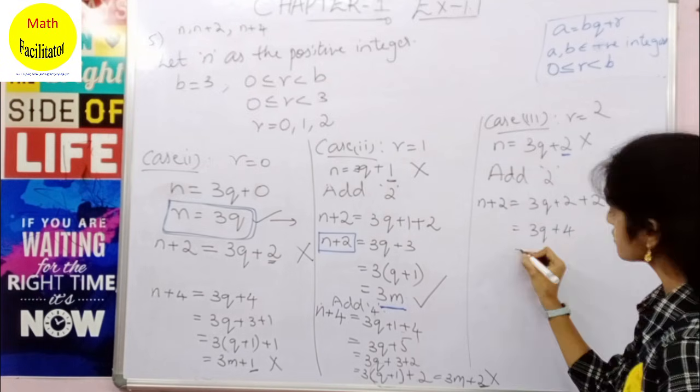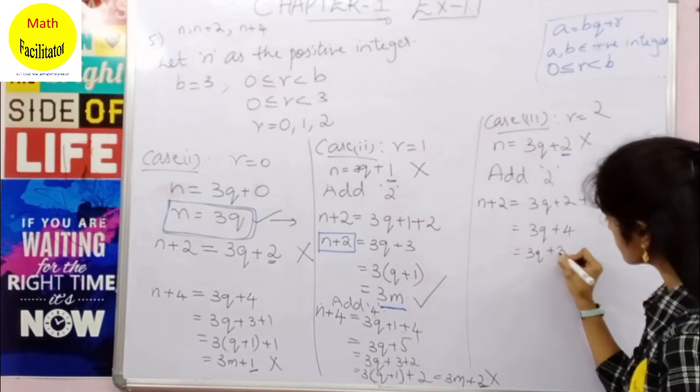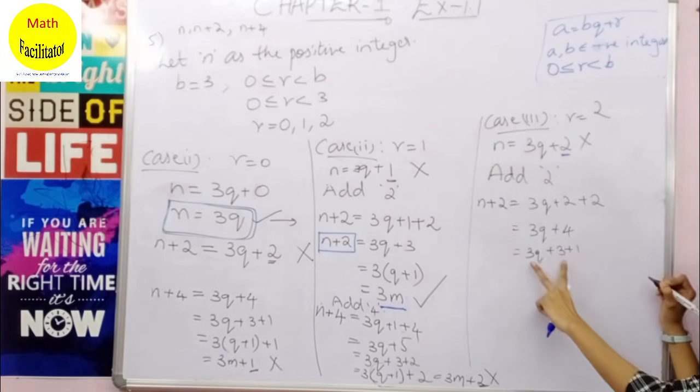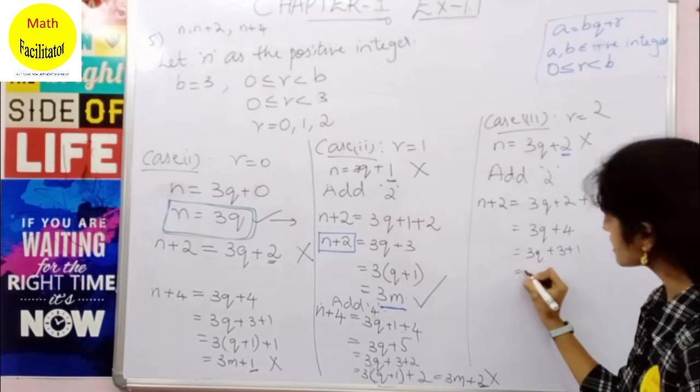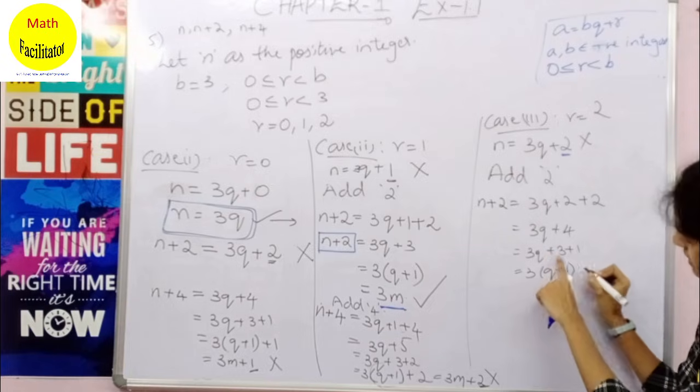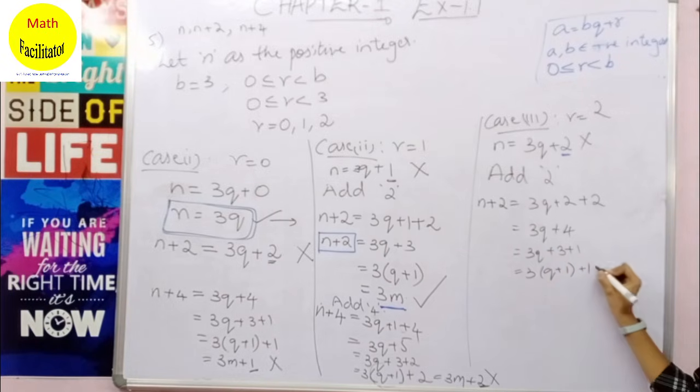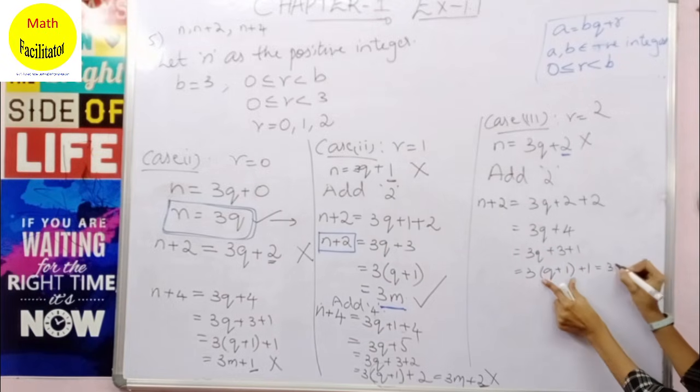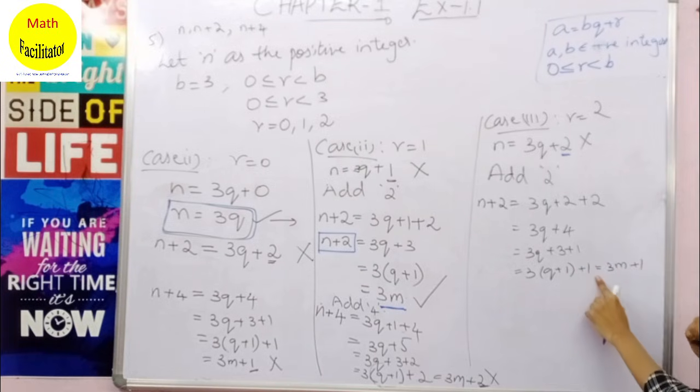Now 4 I can write as 3 plus 1, because I want to take 3 common. So if you take 3 common it is q plus 1, and you have plus 1. So you can write it as 3 into m, plus 1. Now the remainder is 1, which means this is also not divisible by 3.